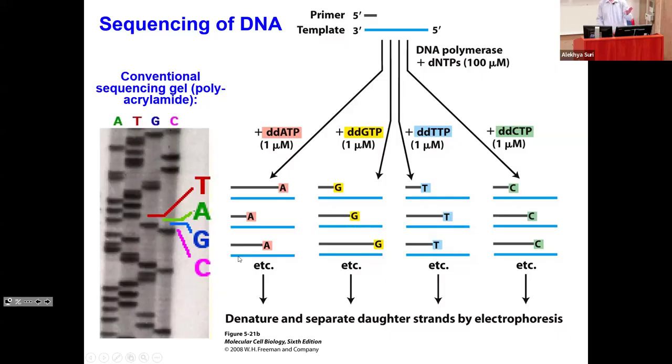I don't know if you have studied already for the exam. When we looked at DNA binding proteins, there was a technique called DNA footprinting, where you identify the exact location of a protein sitting on DNA.